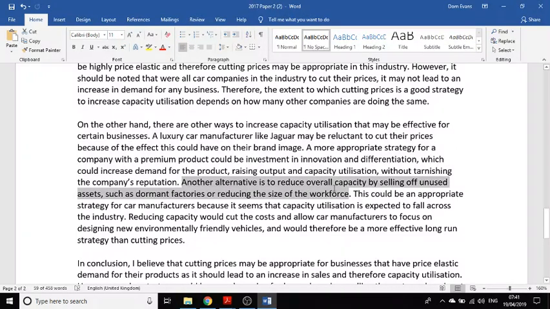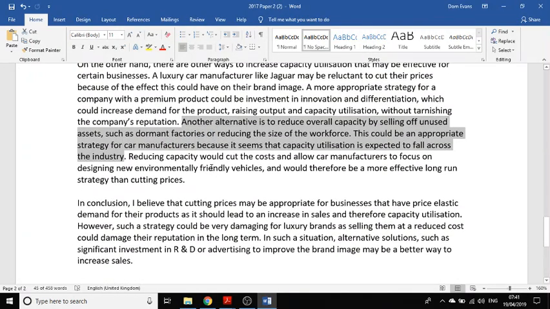Another alternative is to reduce the overall capacity by selling off unused assets, such as dormant factories, or reducing the size of the workforce. It could be an appropriate strategy for car manufacturers, because it seems that capacity utilisation is expected to fall across the industry. Reducing capacity would cut the costs and allow car manufacturers to focus on designing new environmentally friendly vehicles, and would therefore be a more effective long-run strategy than cutting prices.